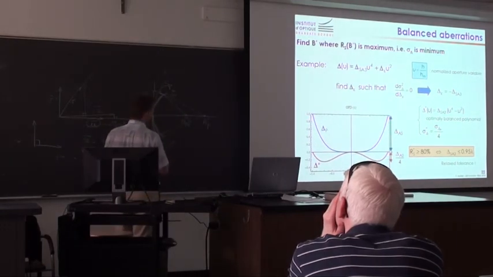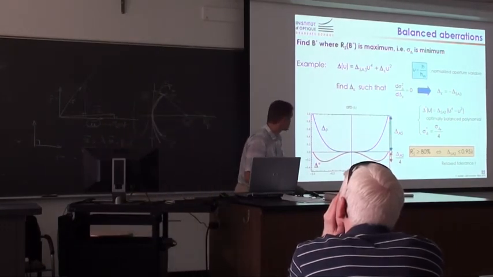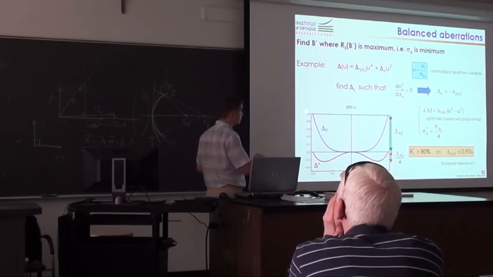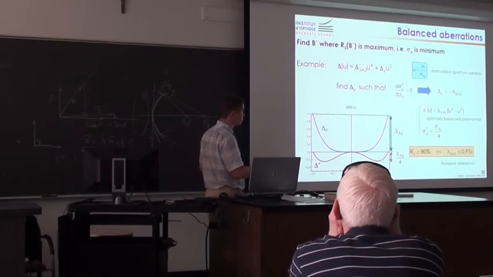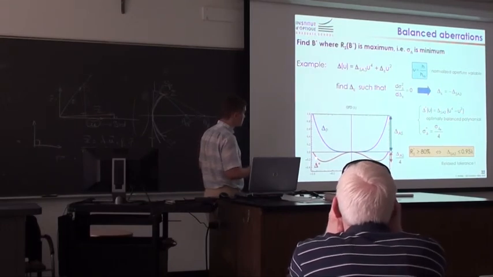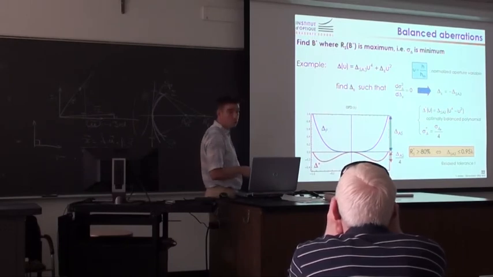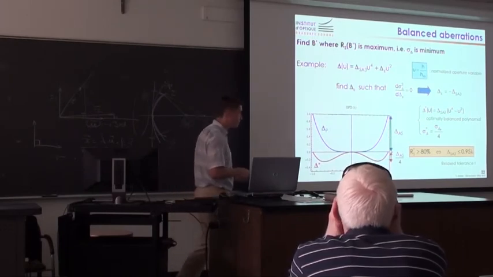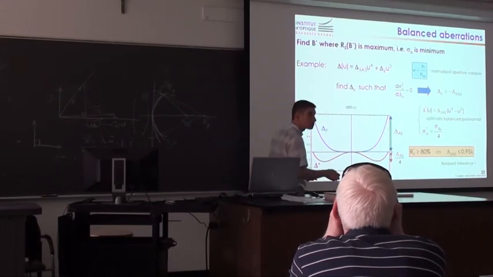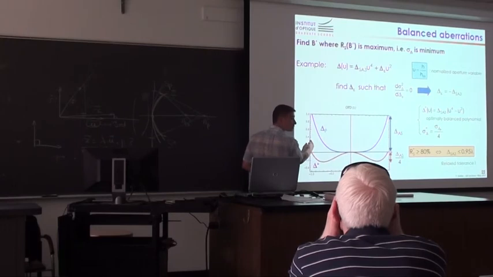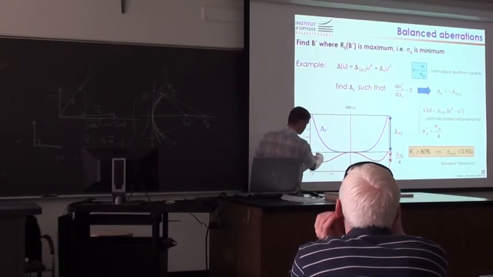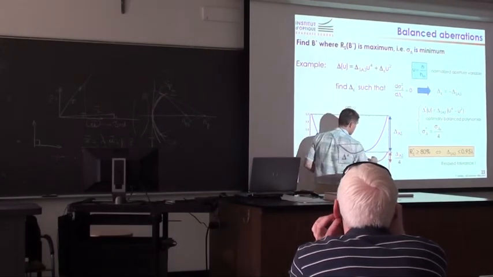Okay, so basically what I have represented here is the same story. I have represented the optical path difference. This is the Seidel polynomial, this one. And this is delta star, the one that has the minimum variance. The question says, if you defocus a little bit from there, for instance, this is going to go up, and we would get something like this.